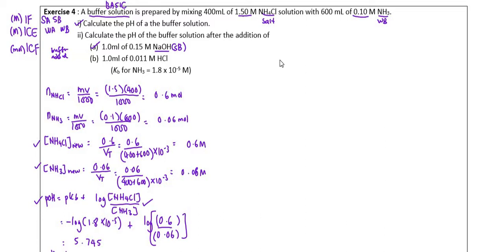Okay, alright. Before we make the ICF table, we need to know first the concept of which reaction is required. Okay, imagine this is your beaker. For A, now I want you to write at equilibrium.